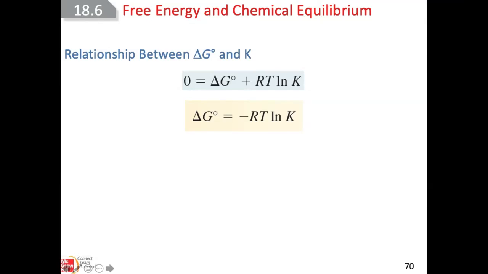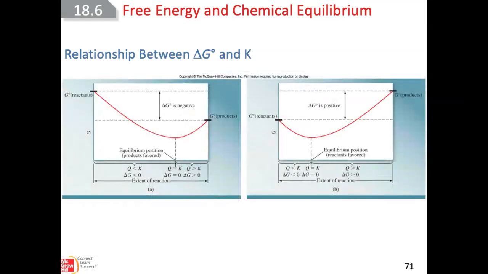So we can rearrange this equation, because at equilibrium delta G equals 0, and the Q becomes K. So we can find that the standard free energy equals minus RT ln K.